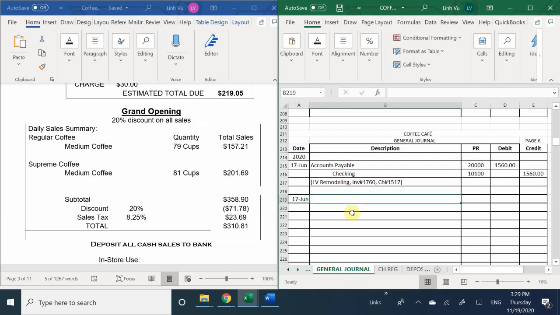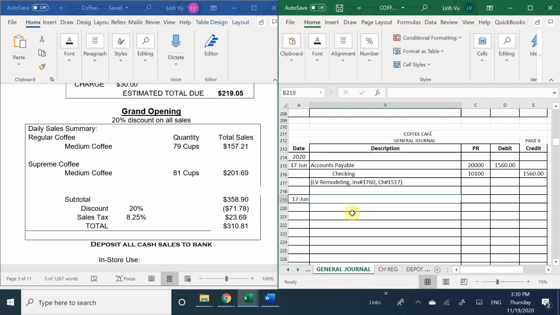Okay, let's see here. So I already gave you a hint here that these are all cash sales. So they will all be categorized as sales.